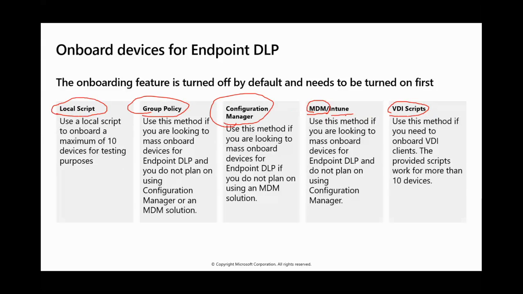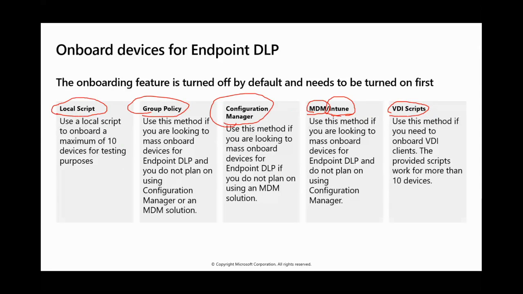onboard our devices. For example, talking about the first option, we can use this local script to onboard, at a maximum, 10 devices at a time. This is focused on testing purposes. So remember, it's important to test your policies first before you enforce them.